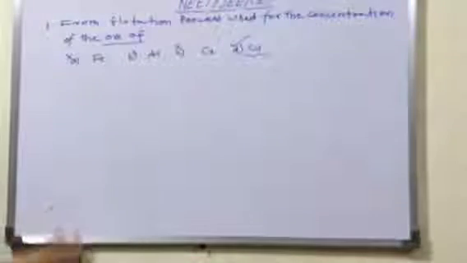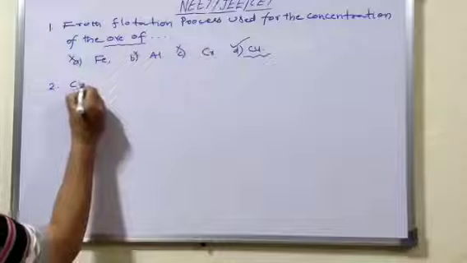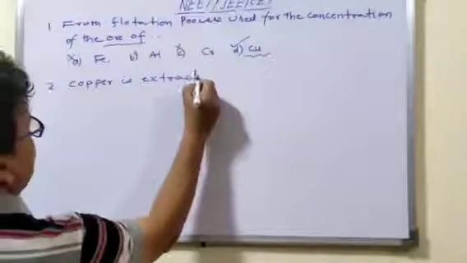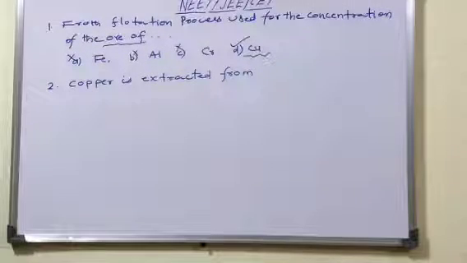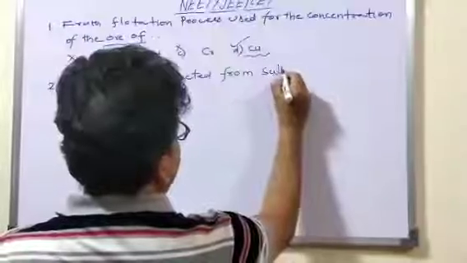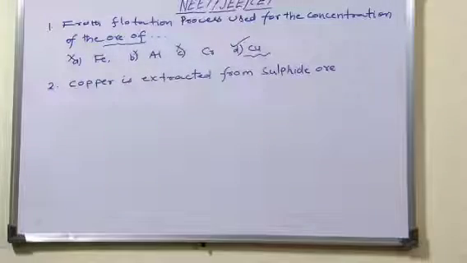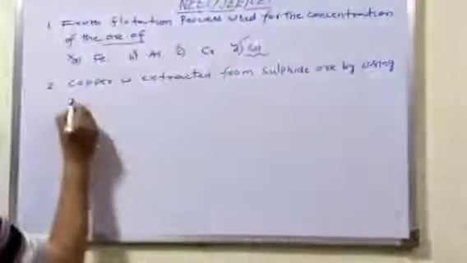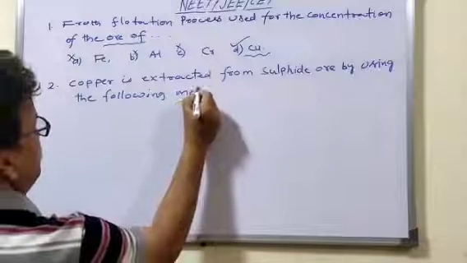So question number 2. Copper is extracted from sulfide ore by using the following method.